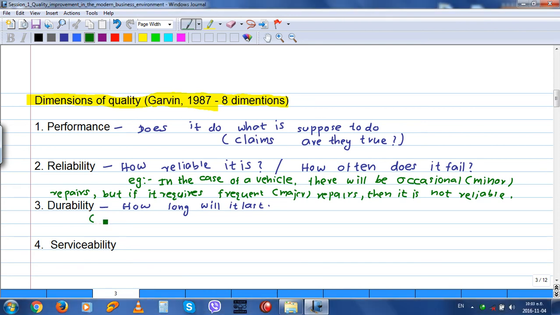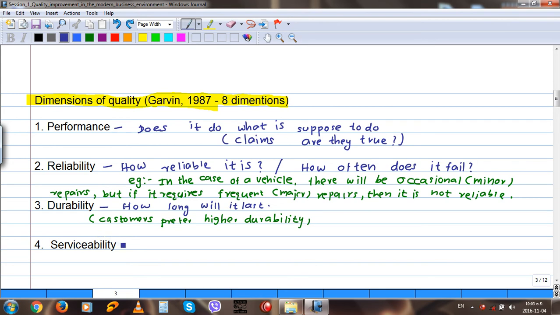So we can write: customers prefer higher durability, no? Higher durability.